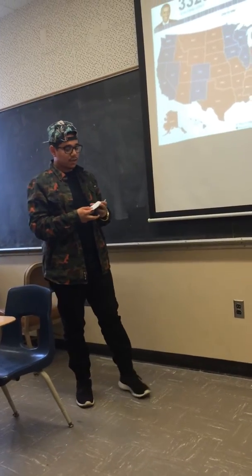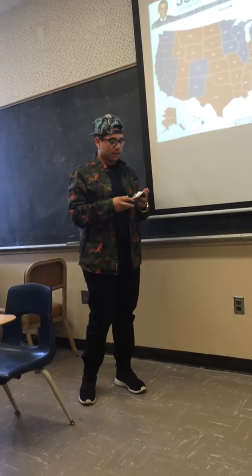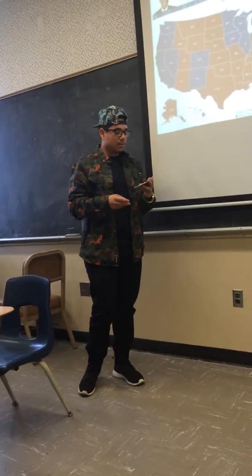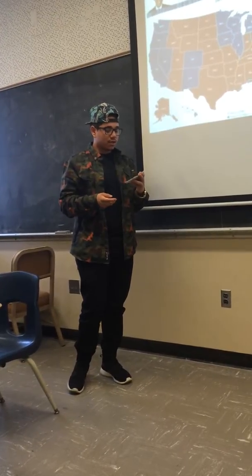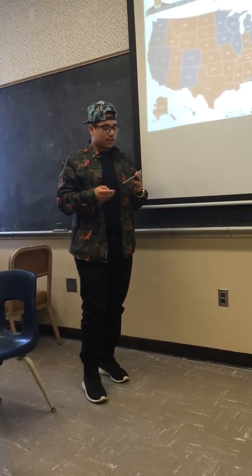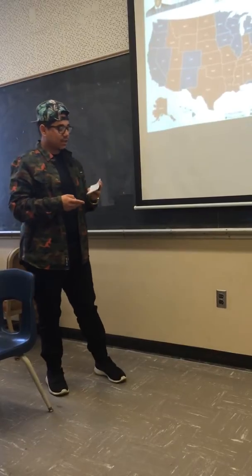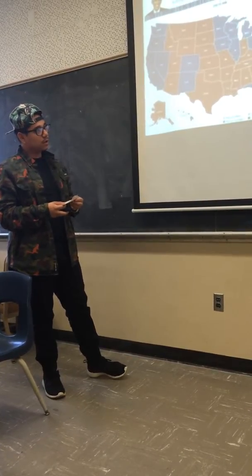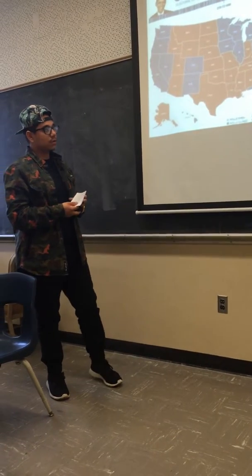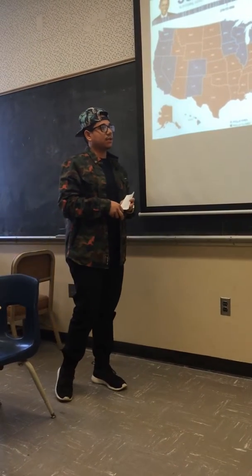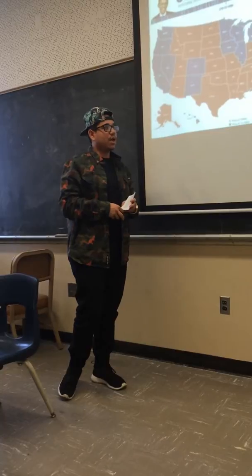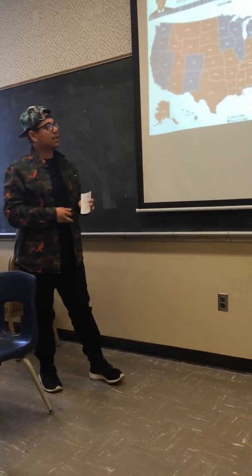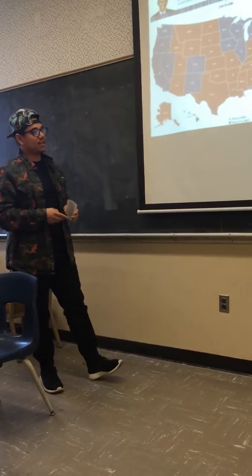So now that I've discussed a little bit of history about how elections started and what caused them, let's discuss the whole process of becoming the next president. According to an article called the Electoral College, last updated October 3rd, we need 270 electoral votes to win the presidency.